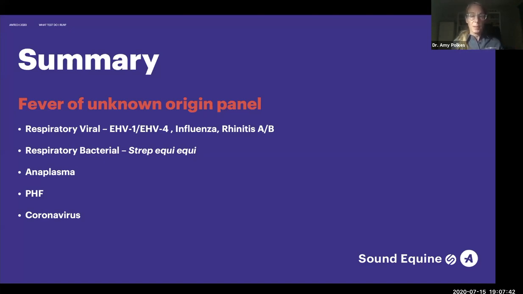The possibility of something that could be gastrointestinal or tick-borne or respiratory. And so we do have a fever of unknown origin panel that does include these respiratory viruses, includes strangles, anaplasma, Potomac horse fever, and coronavirus.